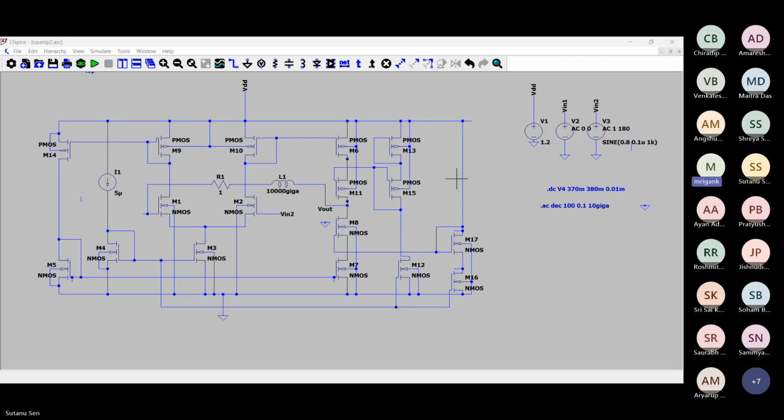If this A naught beta is much higher than 1, that means A naught is much higher than 1 upon beta, then you get more and more accurate results. So here A naught is much higher than 1 upon beta. The A naught that you have is 300K. So even a closed loop gain of 1,000 can be achievable here.